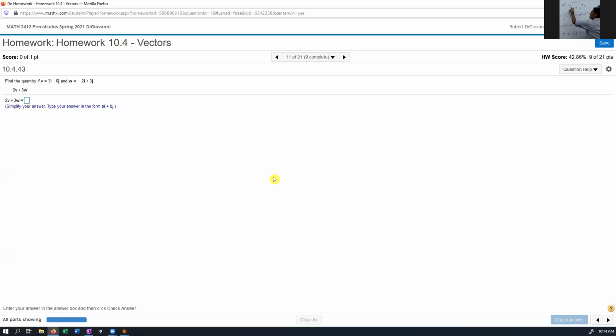All right, so they give us 2 vectors here. V is the vector 3, -6, and W is the vector -2, 3. They want us to find 2V plus 3W. So 2 times V is 2 times the vector 3, -6, plus 3 times the vector W, which is -2, 3.